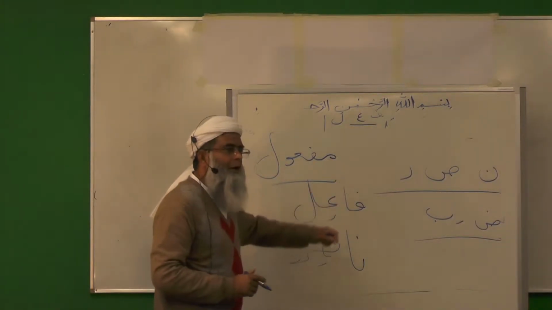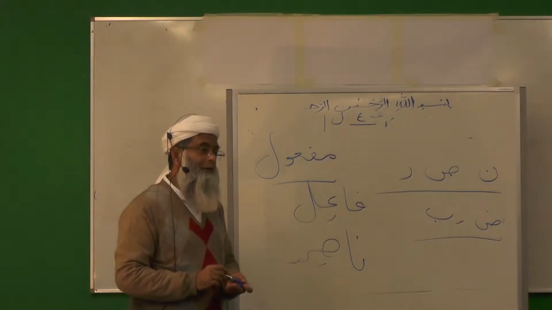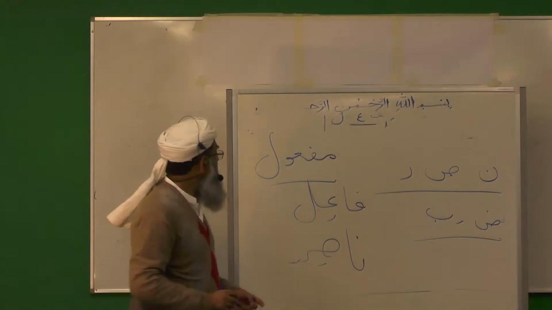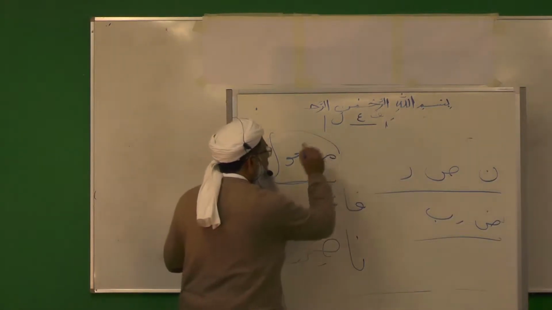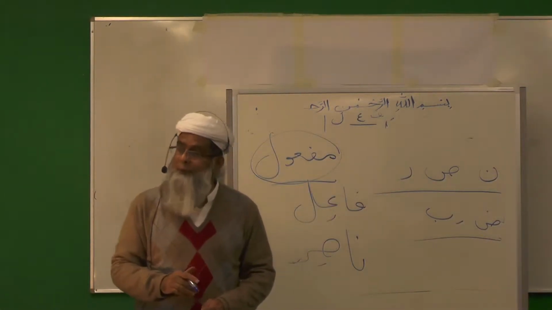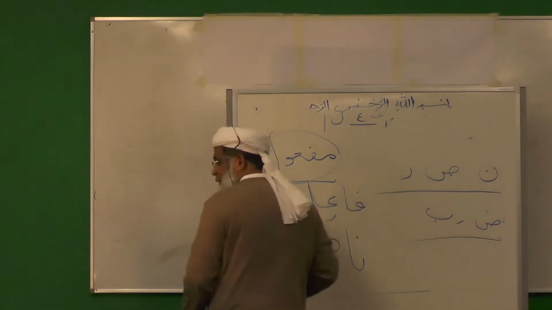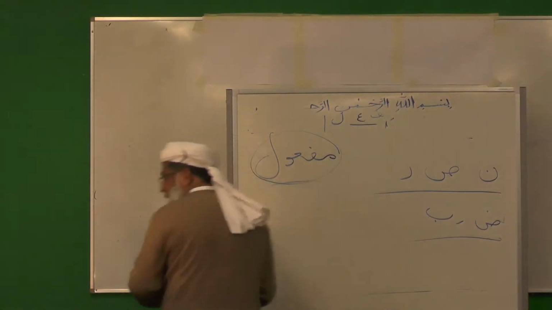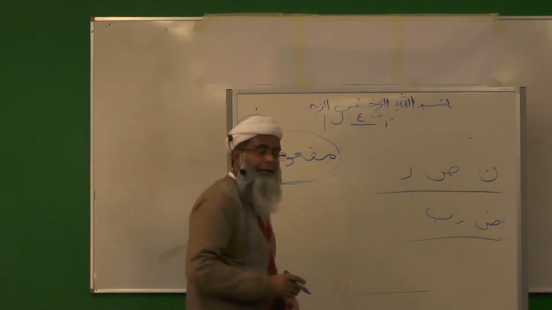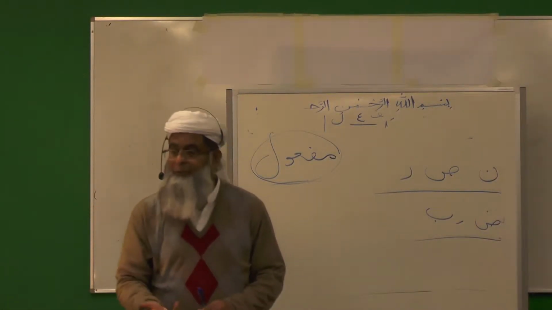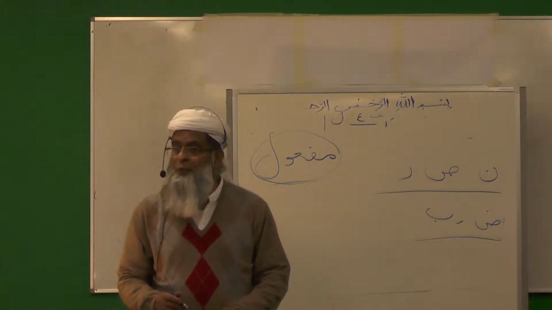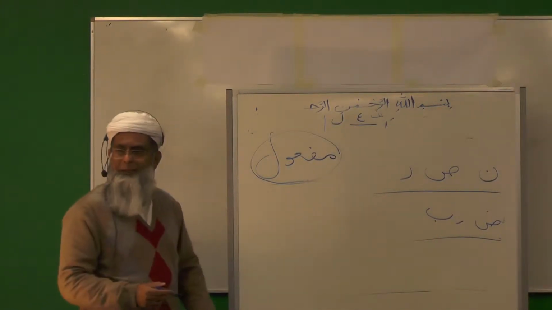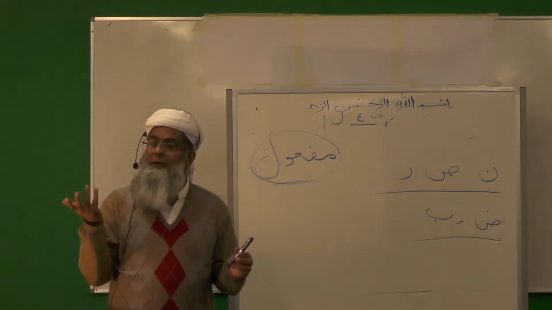Okay. If I say the one who is hit, will always be maf'ul. The one who is helped will always be maf'ul. So I said, tell me if noon, sod, ra are the root letters, and I want to find out the one who is being helped. Mansur. So how did you know already? The one who is helped is maf'ul. Standard is maf'ul.